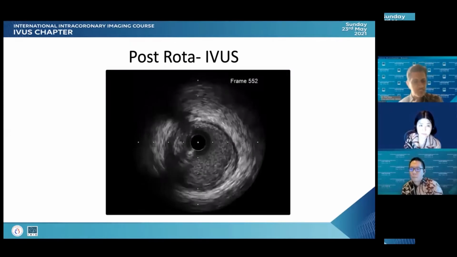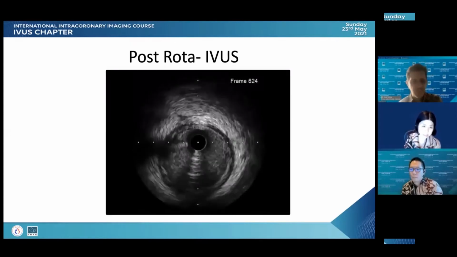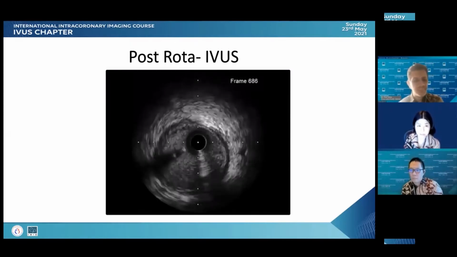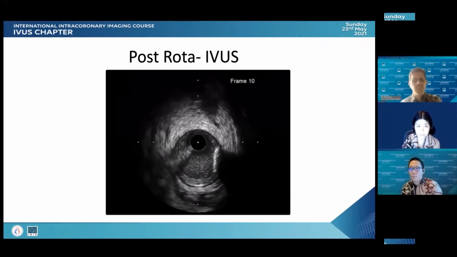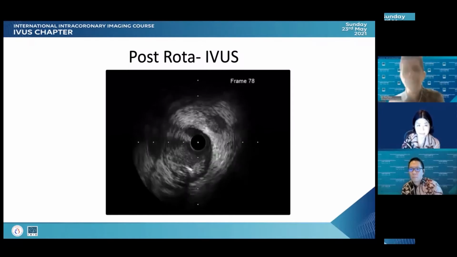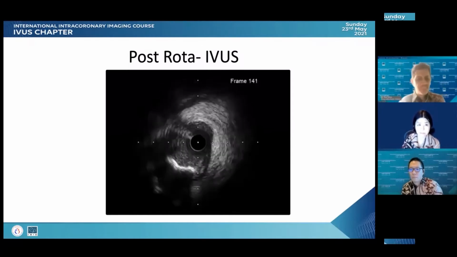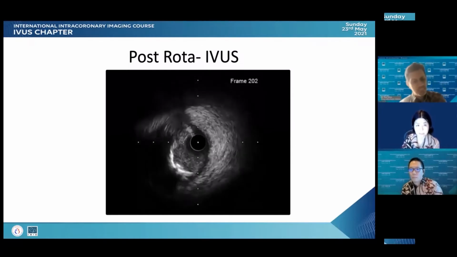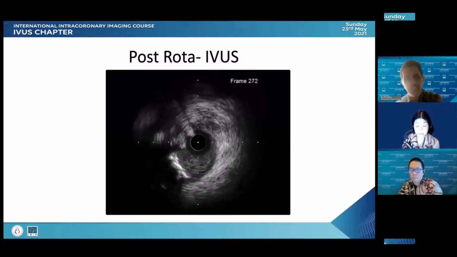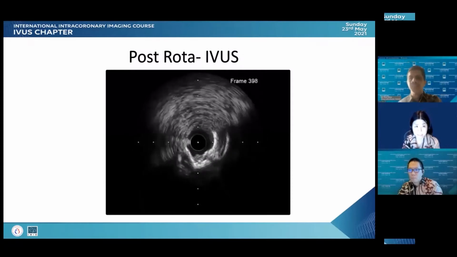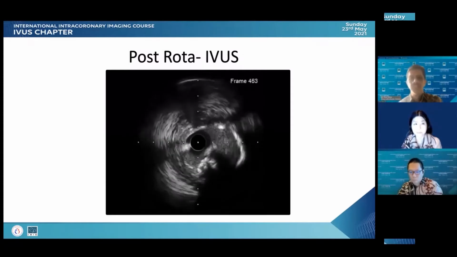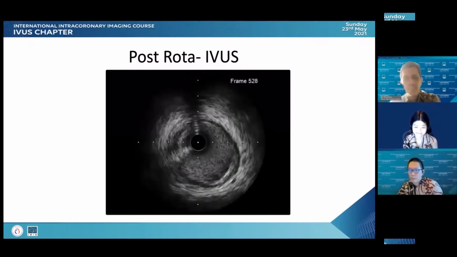But when we look into the sequence of IVUS or OCT, calcium fracture typically occurs at the site of the reverberation, because I believe the surface of the calcium is the hardest, and when you polish the surface, you have a better chance of making a calcium fracture. So in a very severely calcified lesion, you should see the fracture before stenting. That really secures the stent expansion. That's my opinion. Thank you.